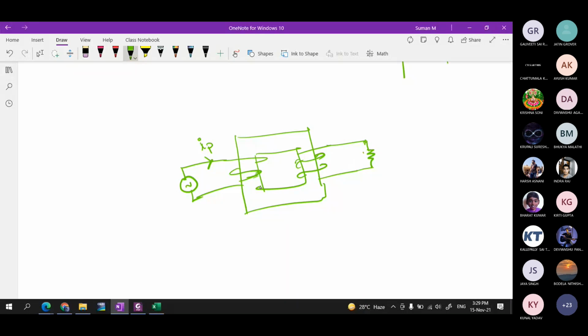In that case, if you draw the waveform, your voltage source waveform will be like this. This will be your Vs. Then your current will be lagging the voltage by 90° if it is a purely inductive circuit.